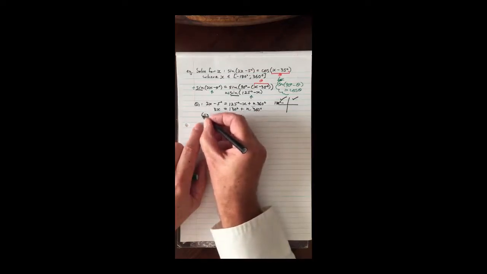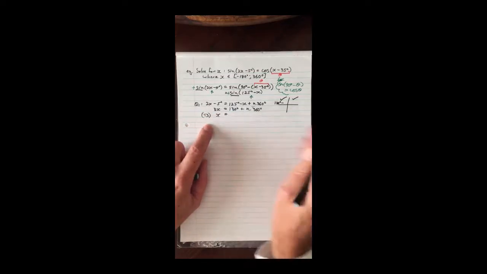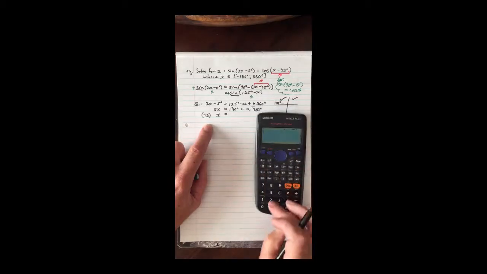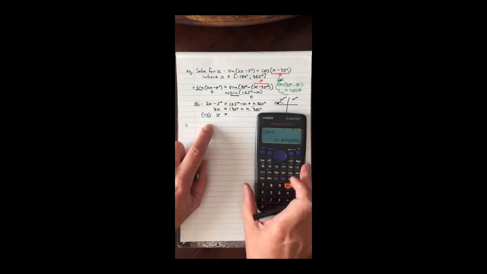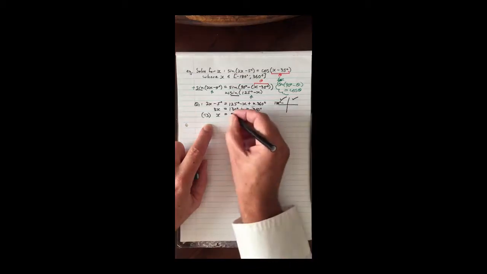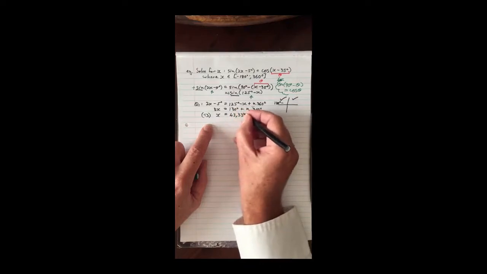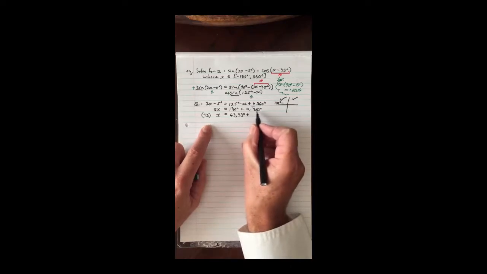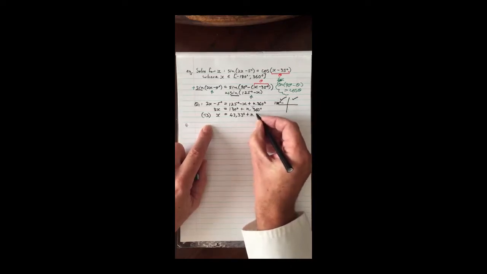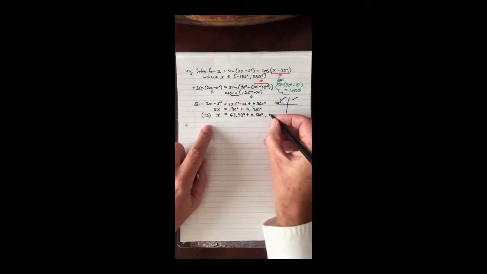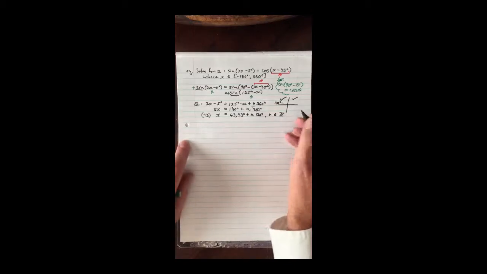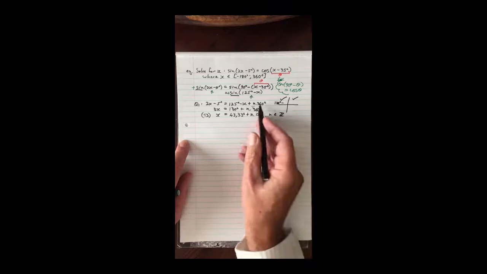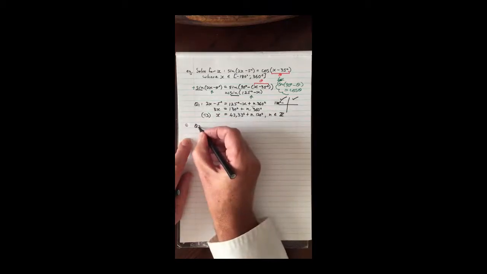So x equals, if I divide 130 by 3, we get 43,33 plus, now remember, we need to divide this 360 also by 3, and that is 120. Remember, n is an element of the integers. So this is my first general solution for my first quadrant. Let's jump over to the second quadrant.